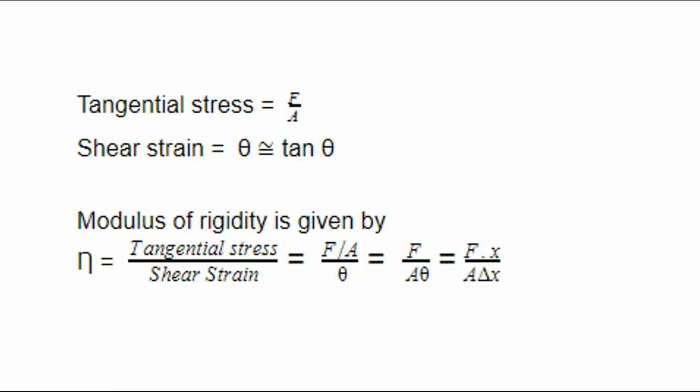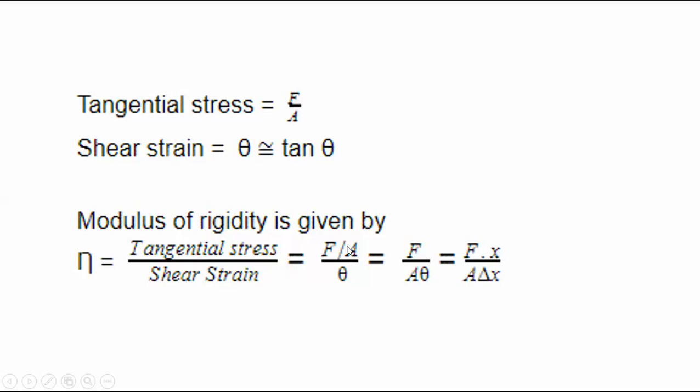Even though I am drawing it very large on the diagram so you can understand, it will actually be very small. Now, modulus of rigidity. What is modulus of rigidity? It is related to this shear: tangential stress upon tangential strain, or tangential strain is also called shear strain. That is, I can say shear stress divided by shear strain, or tangential stress divided by tangential strain.